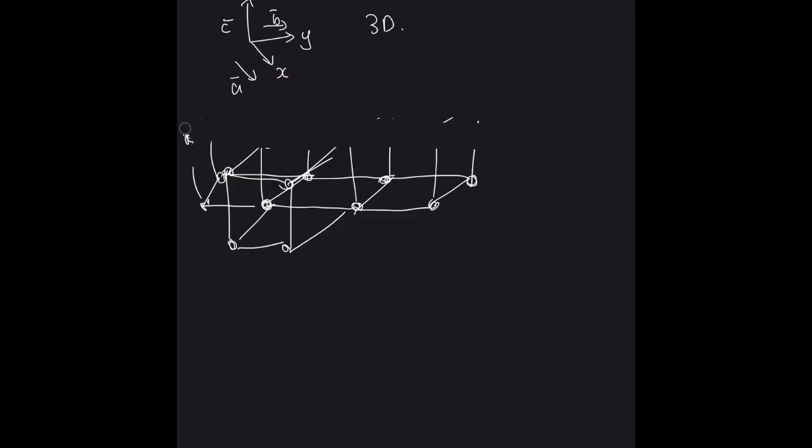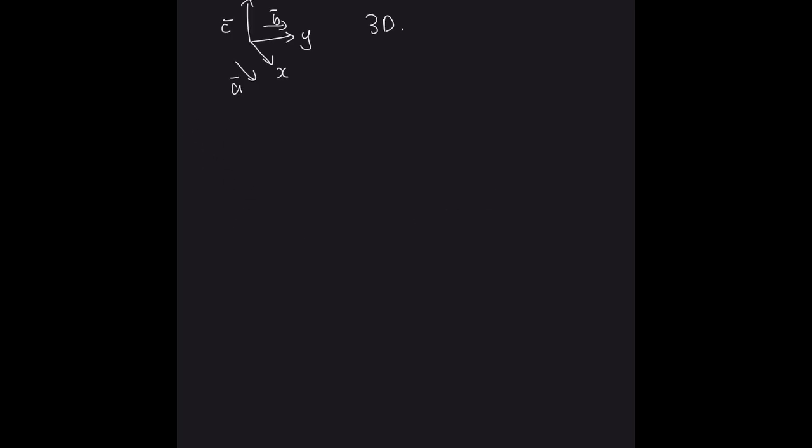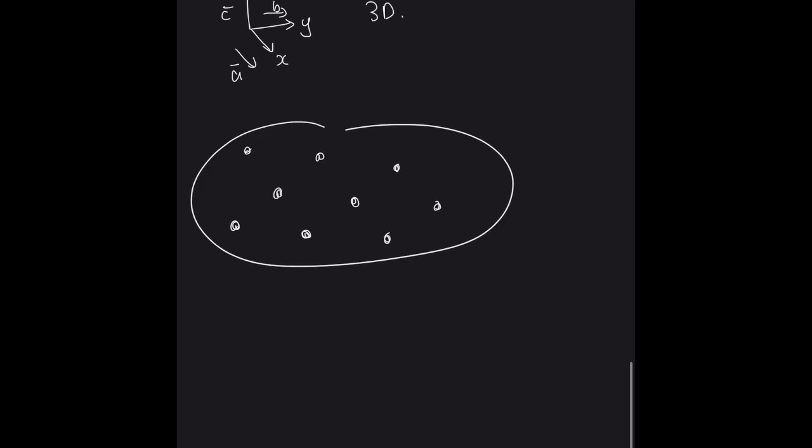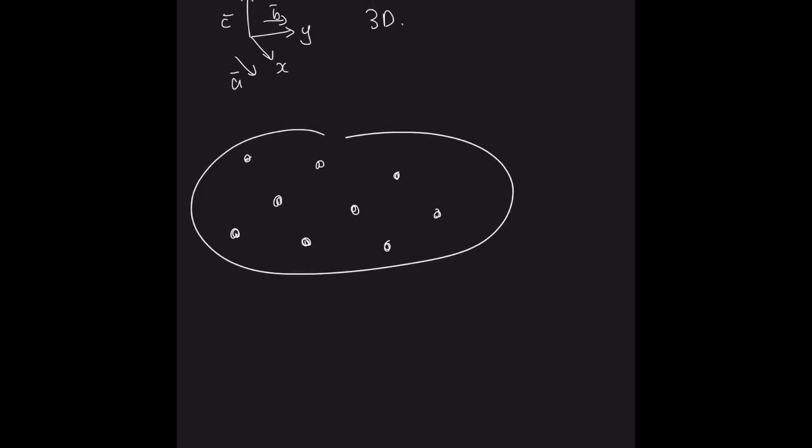To simplify matters, imagine you have a 3D array of points. You have a 3D array of lattice points. So for example, imagine this, but this will be the first layer, then you have a layer on top of it and another layer on top of it at regular spacing. So imagine you have that, and then you are just going to build a unit cell.